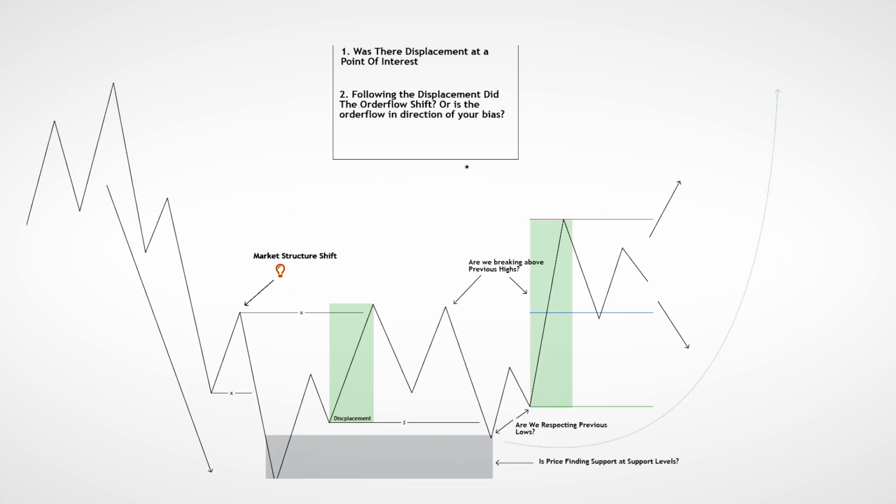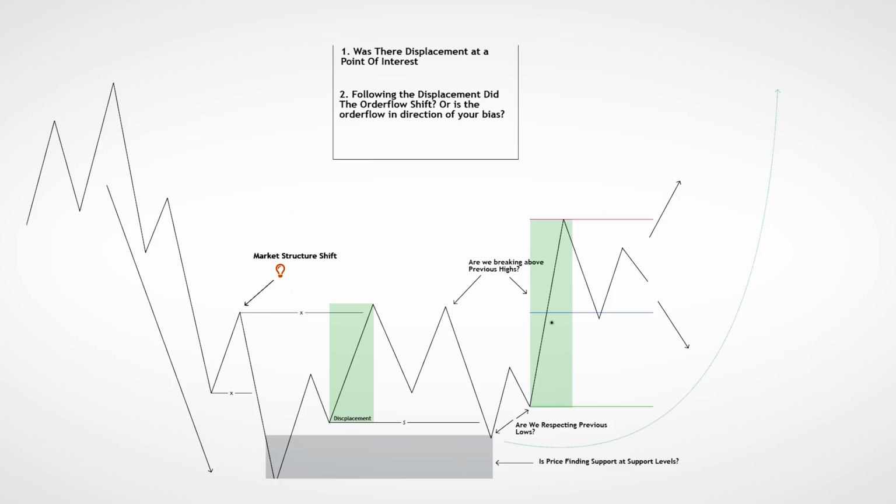Number two, following the displacement, did order flow shift, or is order flow in the direction of our bias? How can we identify order flow inside the marketplace? By paying attention to specific key metrics like structure and inefficiencies.